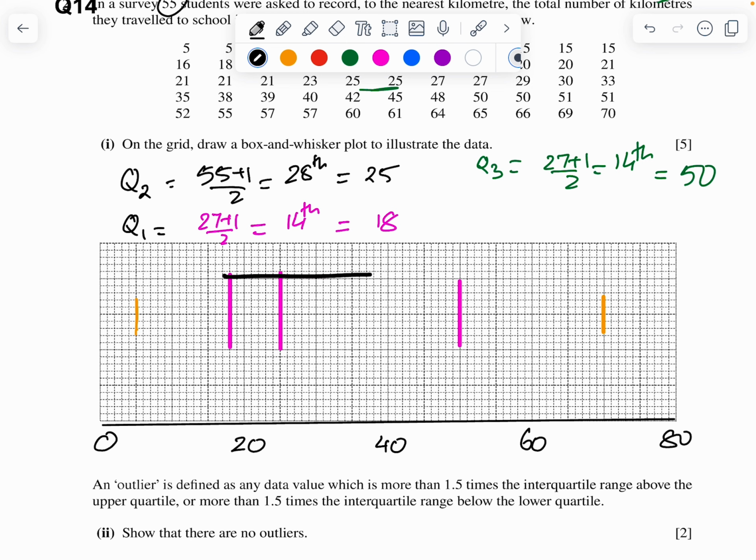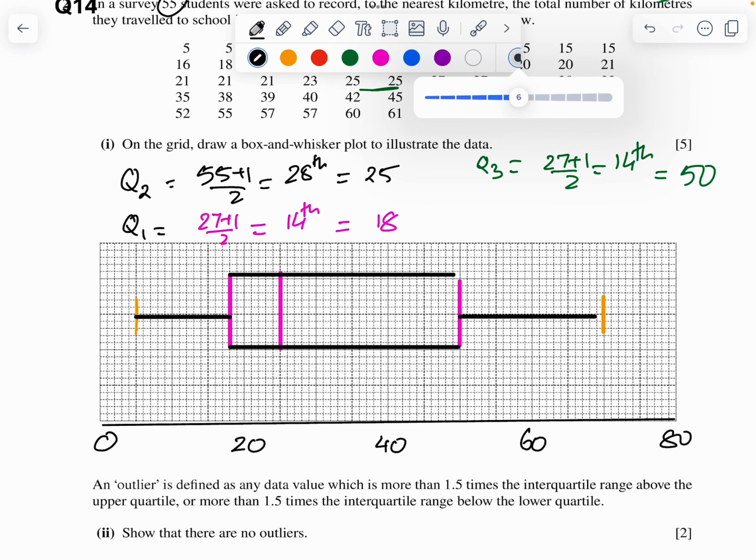Now draw the box and whisker, and don't forget to write distance, kilometers.